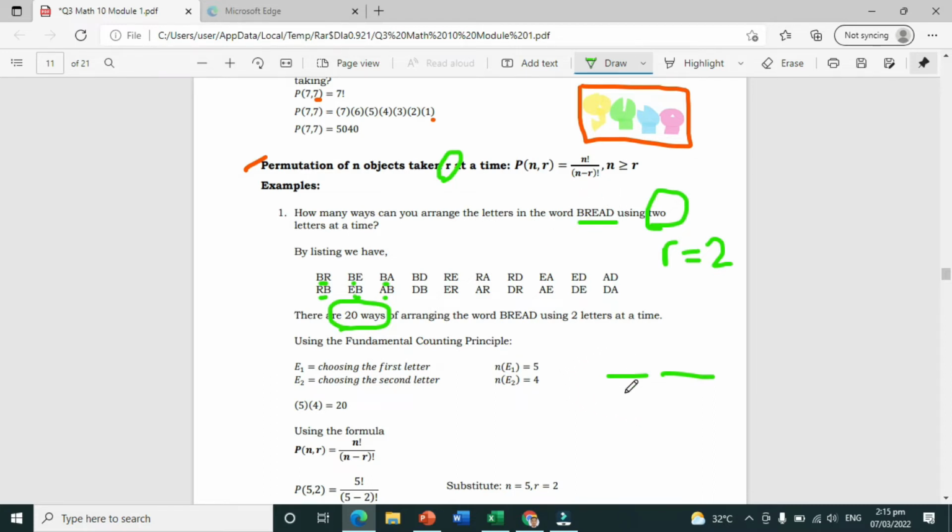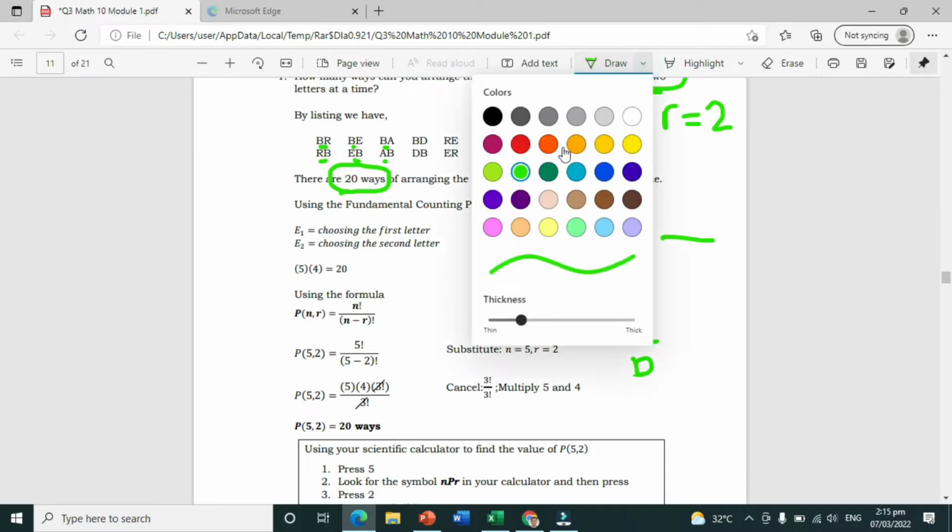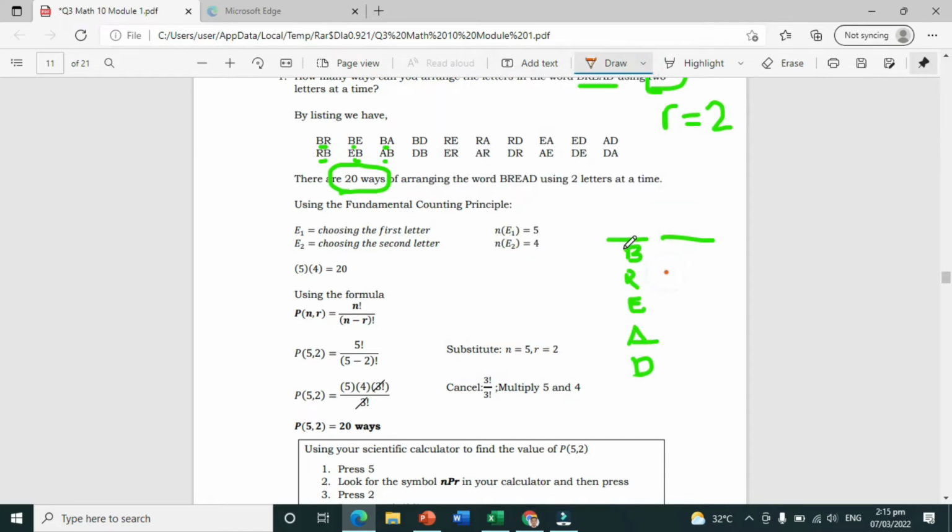So, yung first digit natin, meron tayong B, R, E, A, D. So, kung titingnan natin, meron tayong 5 letters na possible sa first digit. So, dito, there are 5. So, yan yung ibig sabihin yan. Yung number ng event 1.